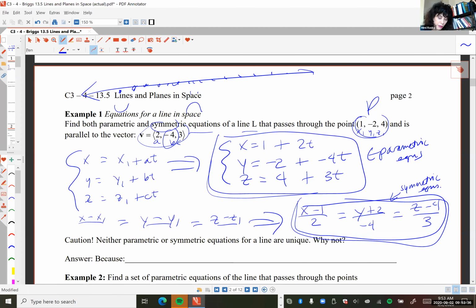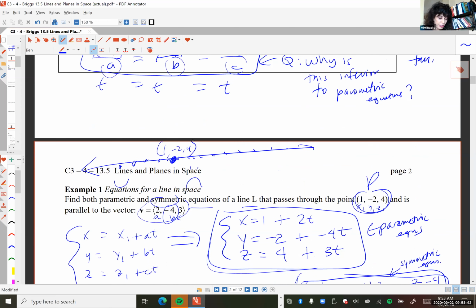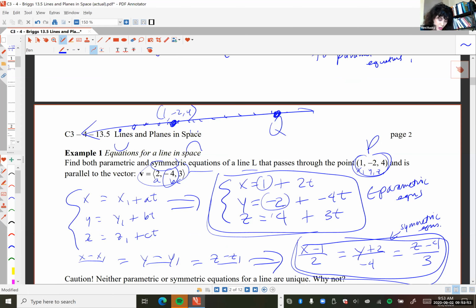They gave a point P, this specific point, 1, -2, 4. But I could have just as easily picked some other point Q, as long as it was on the line, and gotten other values. Instead of a 1, a -2 and a 4, I would have had whatever those other coordinates are, as long as the point is on the line. Would have been just as legit.